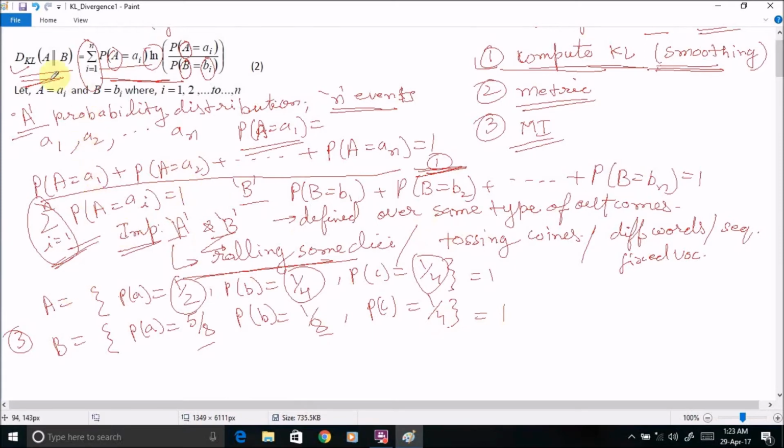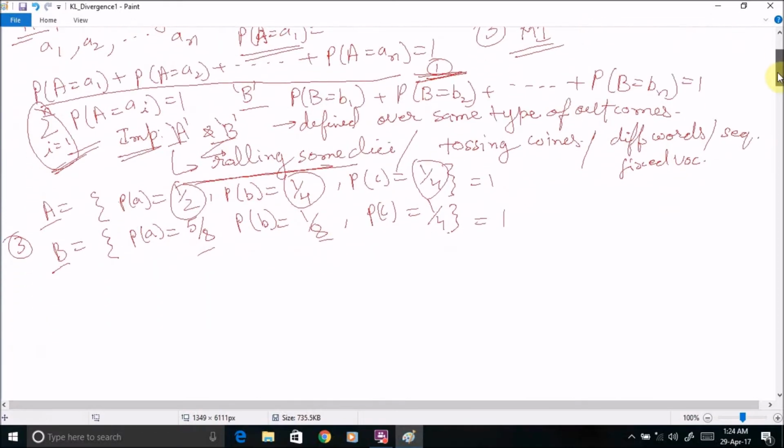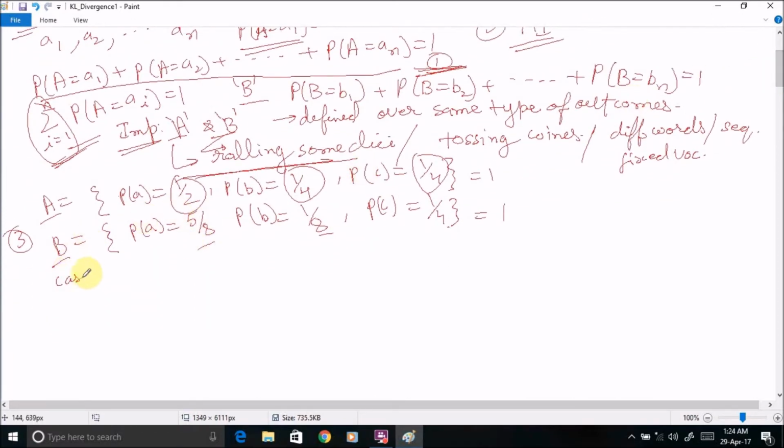Now here it is very easy to compute the KL divergence between two probability distributions A and B by just putting in the formula. But now consider two different cases. In case 1, suppose our first event in probability distribution A is equal to 0.